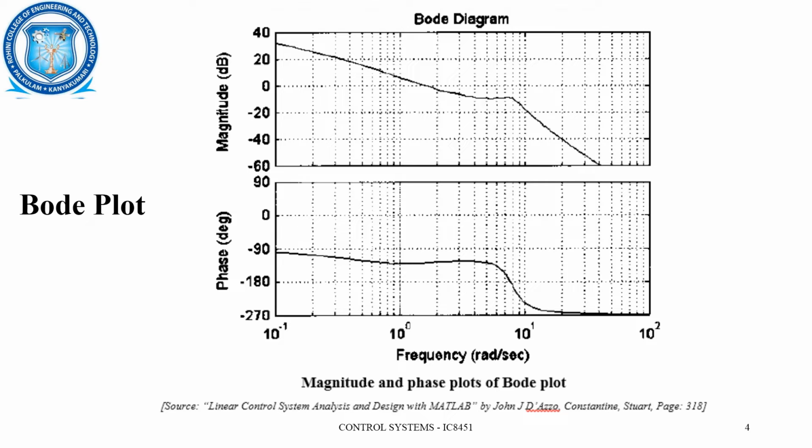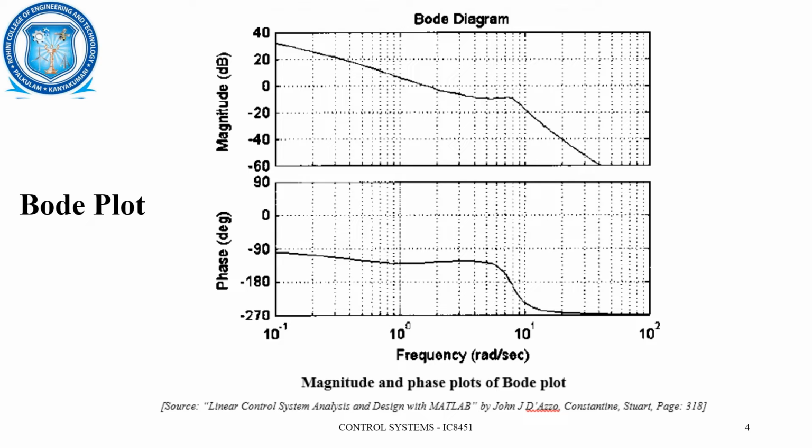Here it is 1, and the next point is not 1.1, it is 2, 3, 4, 5, 6, 7, 8, 9, and here it is 10, that is 10 power 1. And after 10, you have to consider 20, 30, 40, 50, 60, 70, 80, 90, 100. That is 10 power 2.